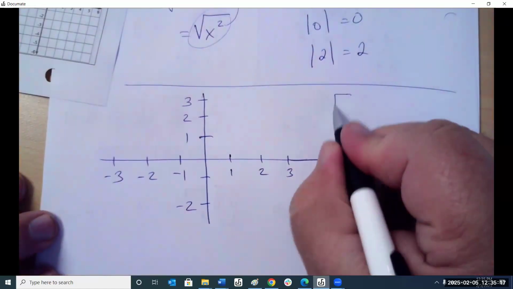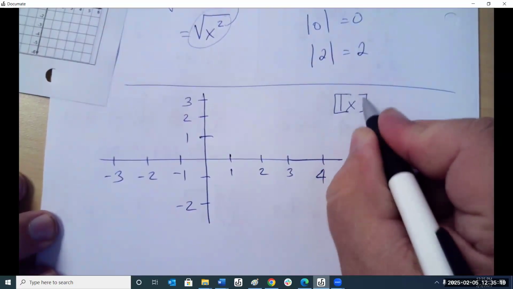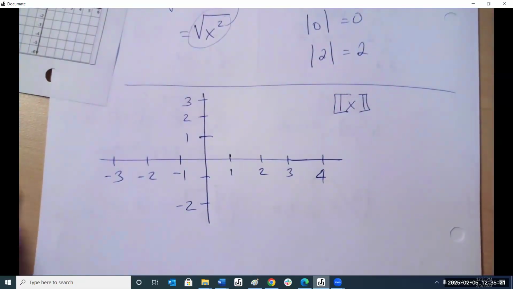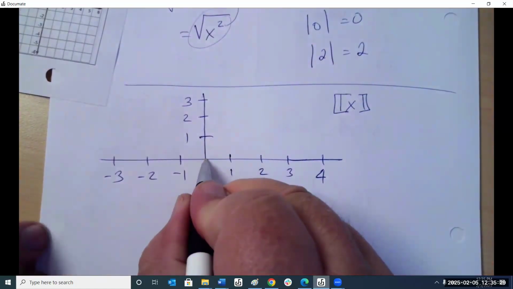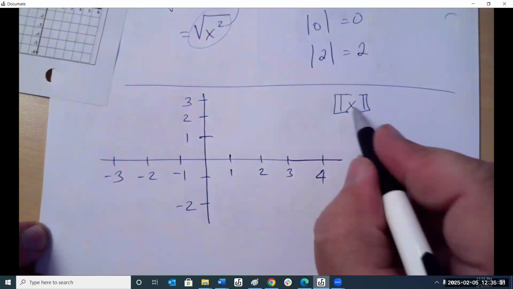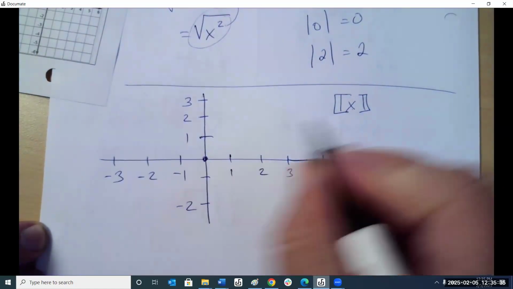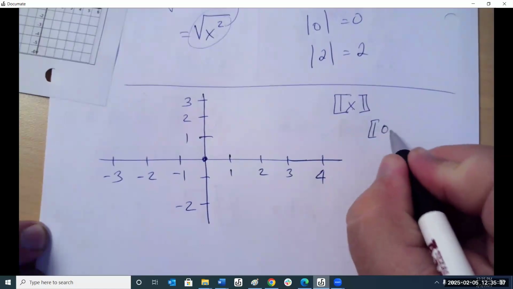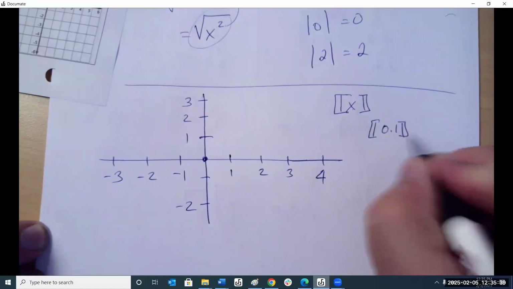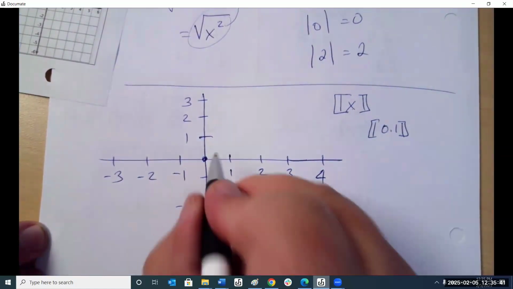What the greatest integer function does is you only look at the integer. Whatever the decimal is, get rid of it. So when we put 0 in there, what's the answer? 0. If I gave you 0.1, what would be the greatest integer? 0.